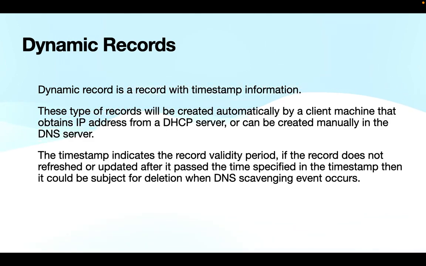So when the record is created dynamically, only then the new IP address will get registered. We cannot update the IP address manually when the A record is created dynamically. We have to change that dynamically registered record into a static one, and then only can we update the IP address manually.